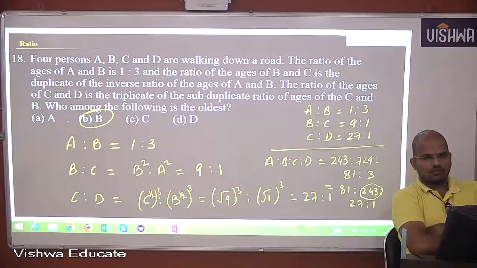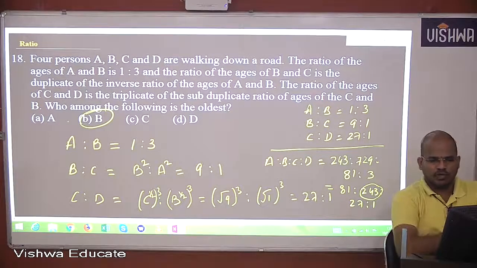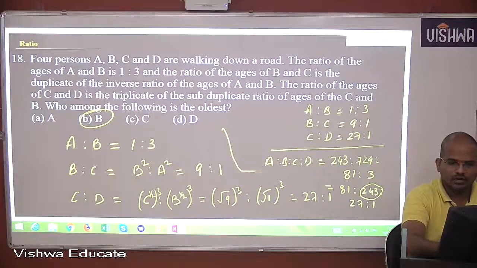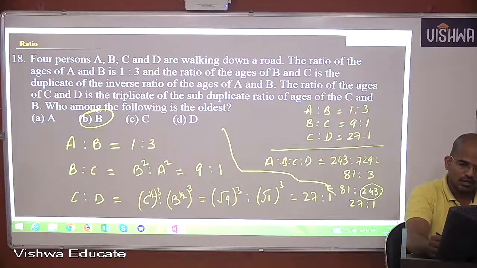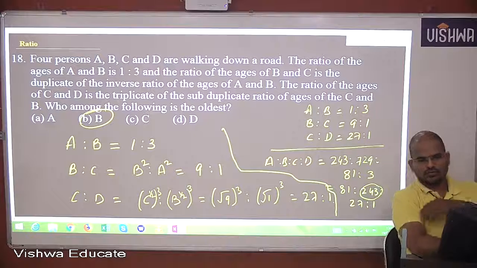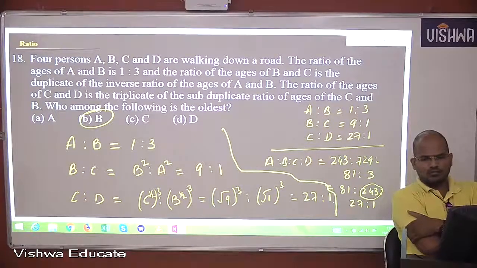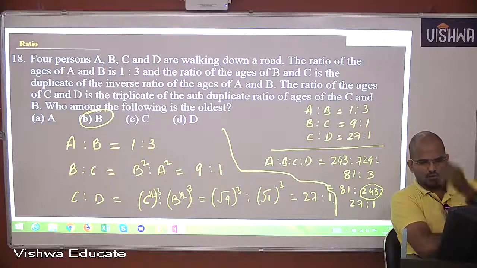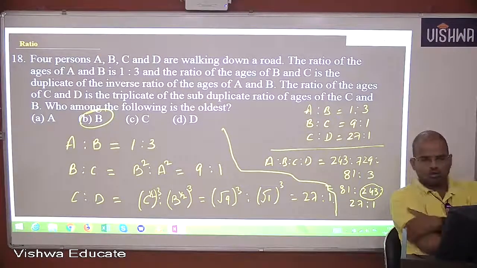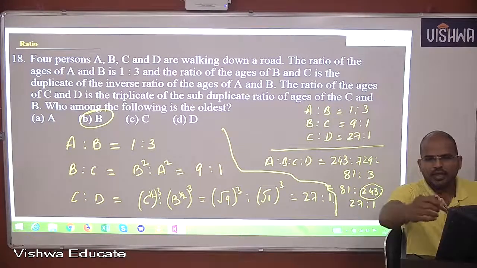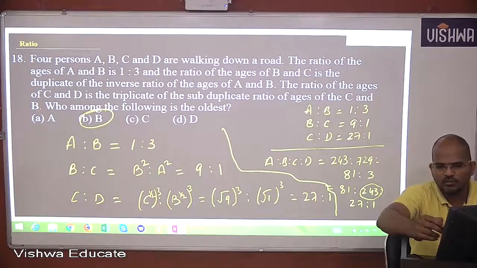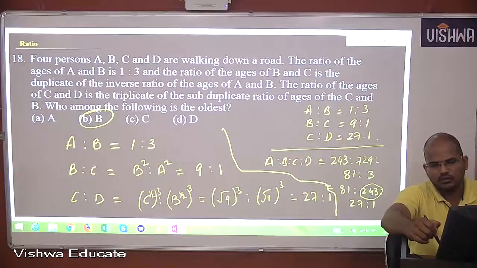So we have seen how to calculate A is to B is to C is to D, right? A is the product of first terms, B is 3 9 27, C is 3 1 27, D is all threes.